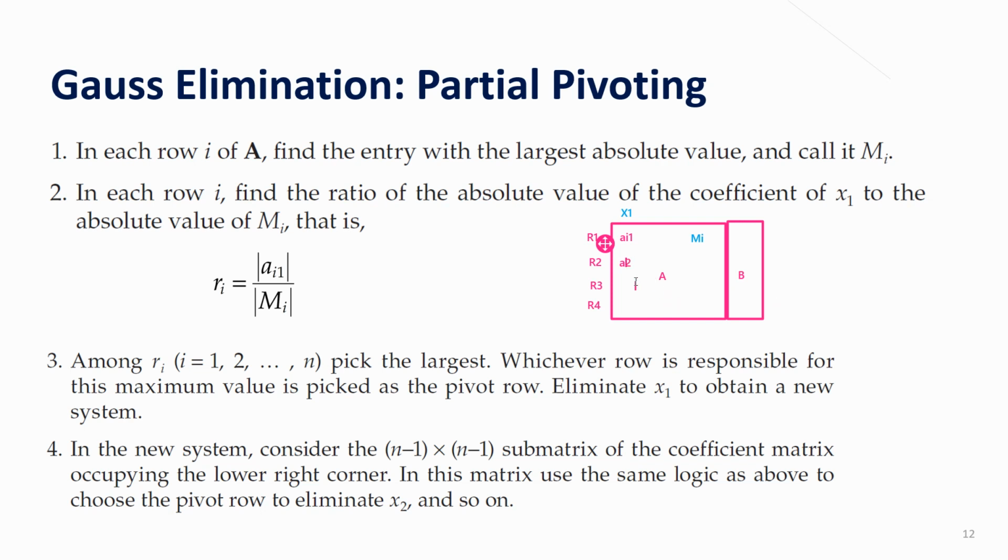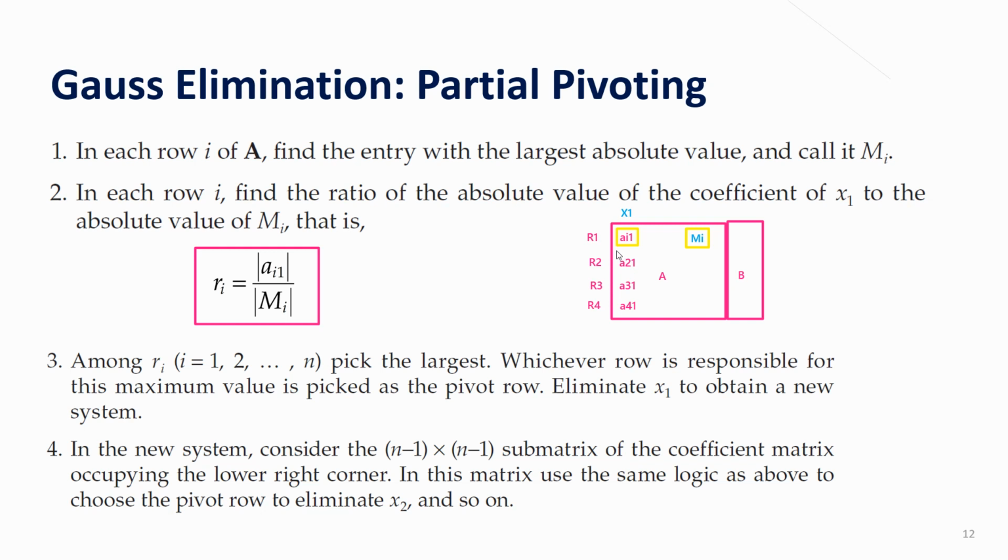So this one A21, this one A31, this one A41, rows and columns. So you find the value of R, here's the formula: absolute value of this A divided by their M, which is the largest entry on that row.